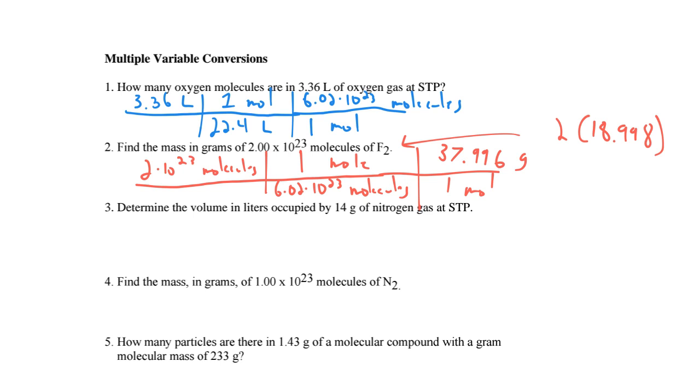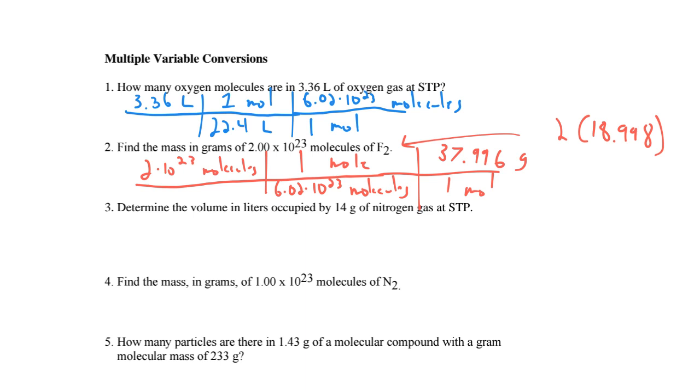So in parentheses, 2 times 10 to the power of, you gotta find that exponent button. If you're using your phone as a calculator, turn your phone sideways. So 10 to the 23rd times 37.996.